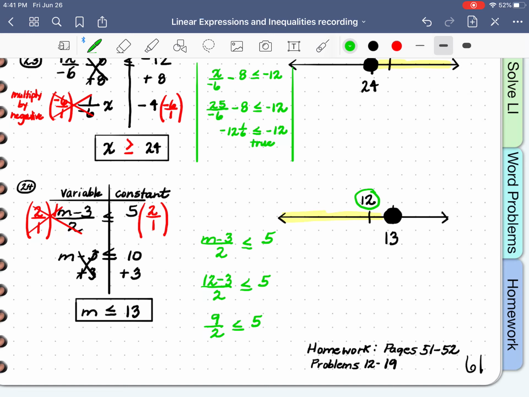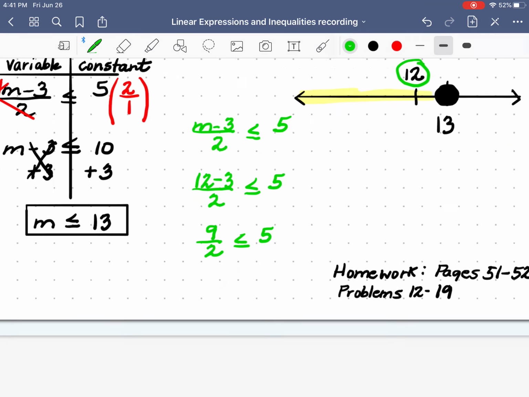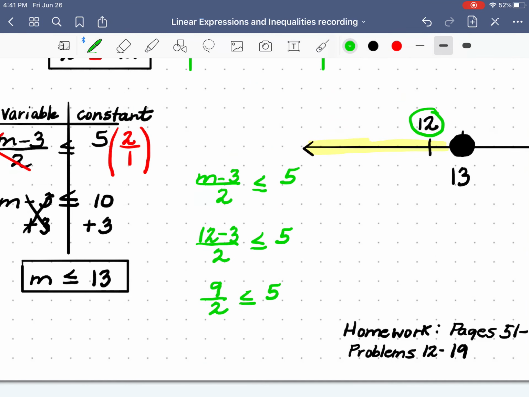Couple of ways you can do this, and let me just go ahead since I'm recording and show you both. If you use the ABC key, if you do this as a fraction, you're going to get 9/2. So 9 ABC 2 is 4.5, and that's less than 5. That's a true statement.